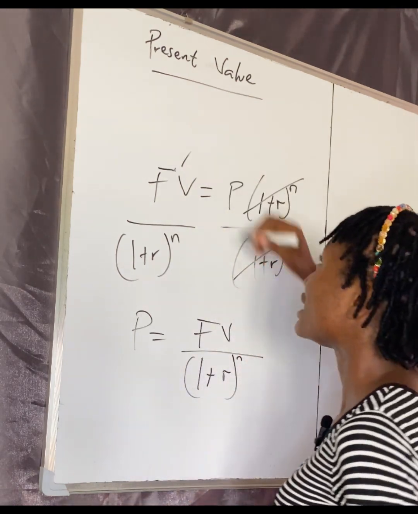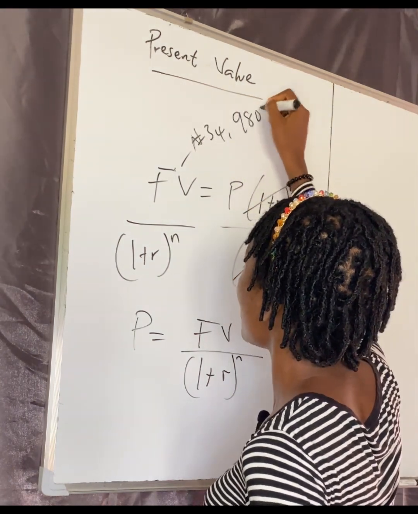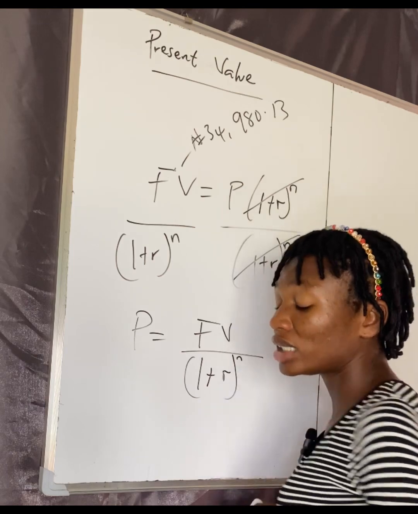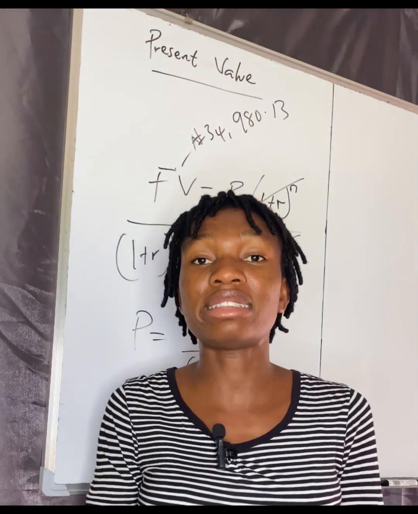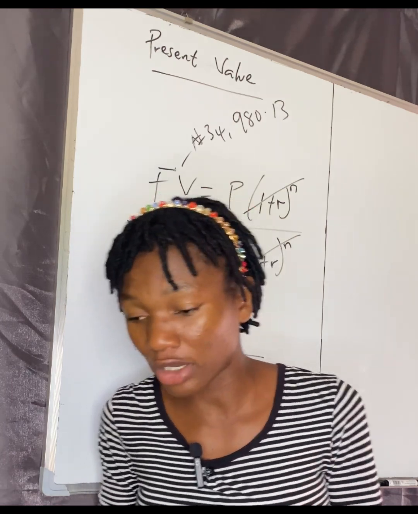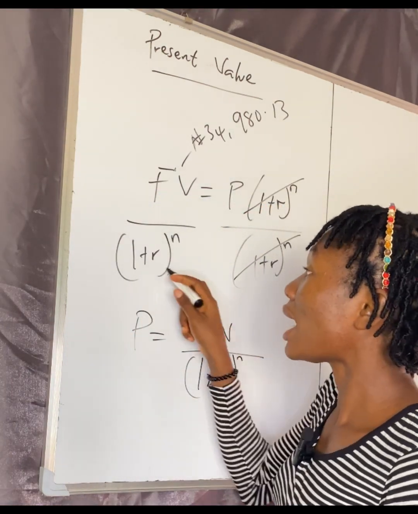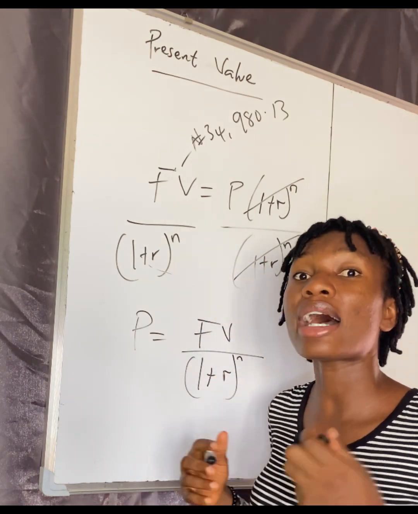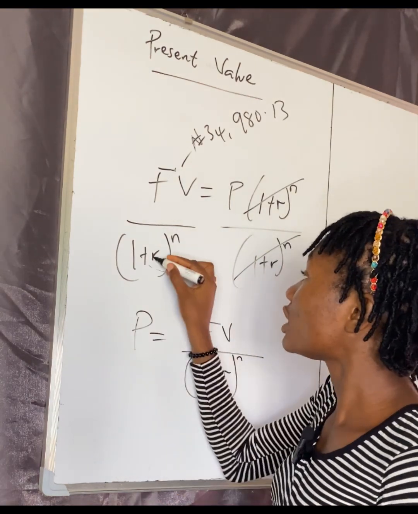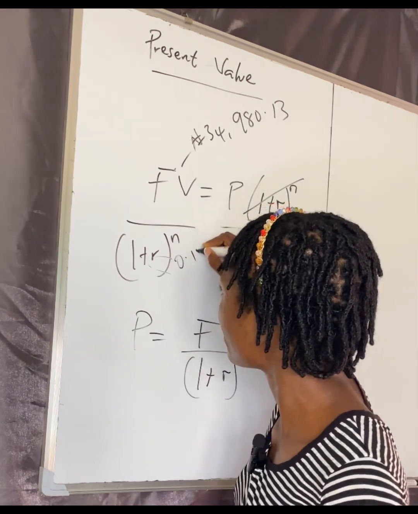What we want to realize is 34,980.13 naira in 4 years time. That's our future value. Our interest rate, which is our r, is 15%. When we divide 15 by 100, we have 0.15.